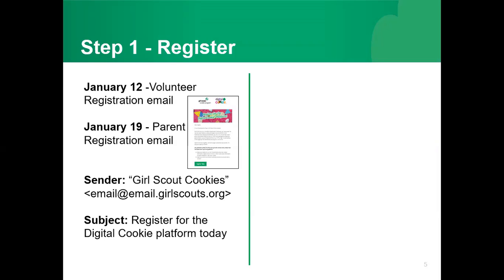Okay. So I do always recommend to everybody that they mark this sender safe email at email.girlscouts.org in their email. It's a good idea to do this because otherwise sometimes they go to spam or junk or they get filtered out entirely.